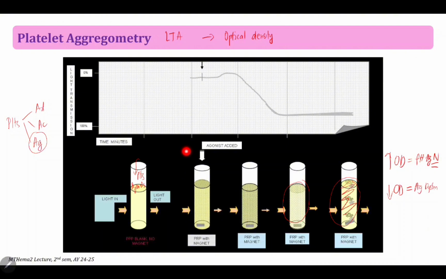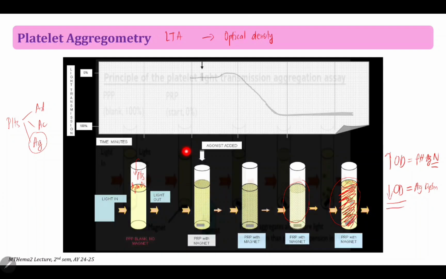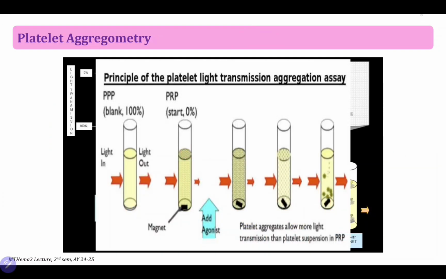The sample does not clear out, so when you measure it, you have decreased light transmittance. So again, in platelet aggregometry, if your platelets aggregate, there is increased light transmission, and if not, it means the patient has a platelet aggregation dysfunction.